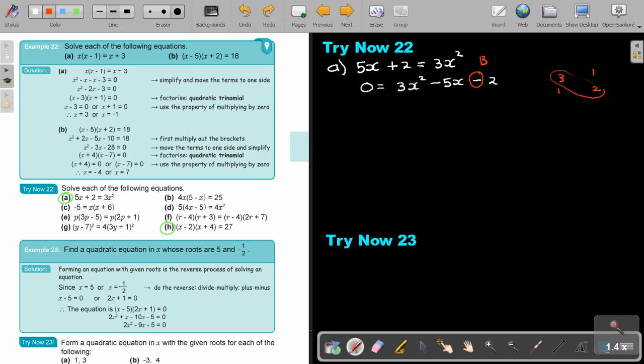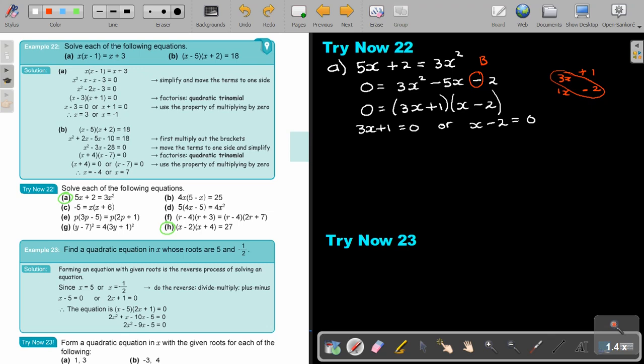The biggest over cross product gets the negative, and this is the positive, and x, x. So this will be 3x plus 1, x minus 2.